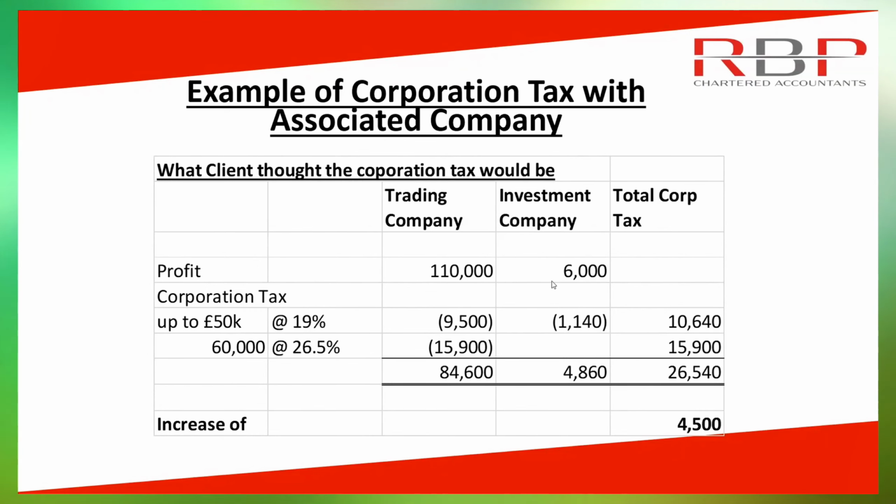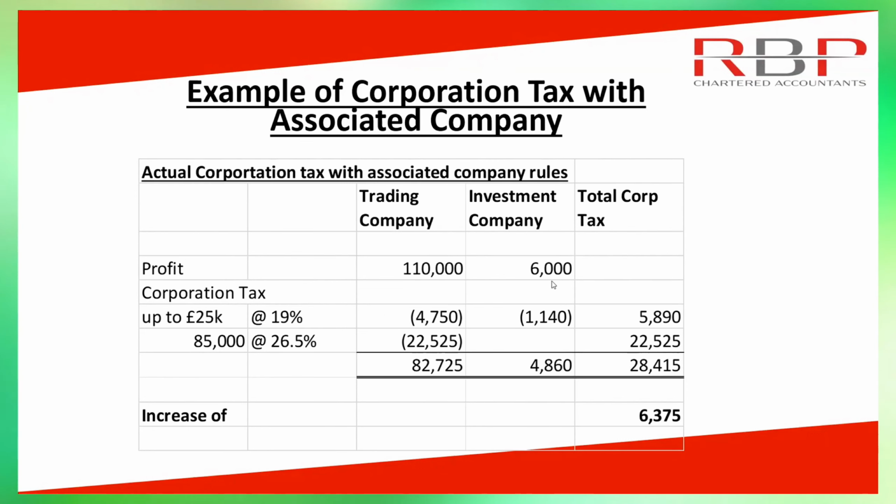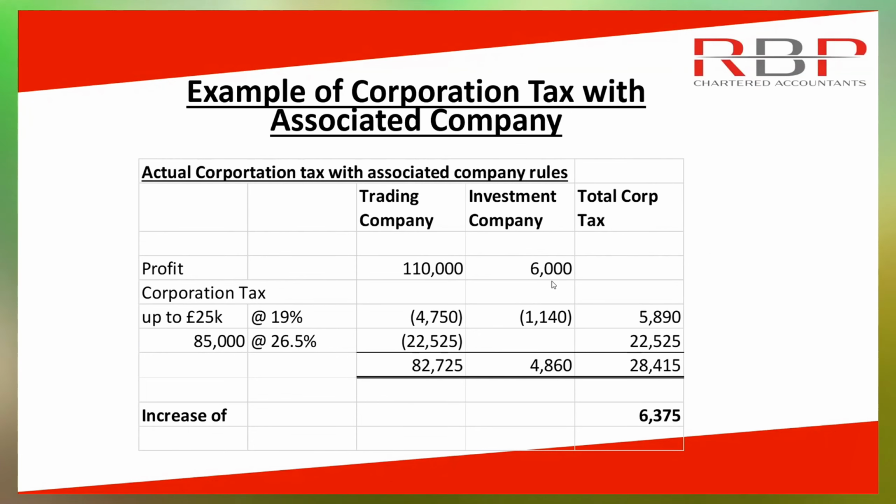And of course, I then had to say, I'm really sorry to tell you this, but your 2 companies are associated, so your 50,000 threshold is divided by 2. This is what actually happens when you've got an associated company. That 50,000, with 2 associated companies, is divided by 2.